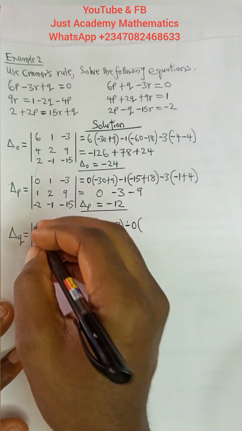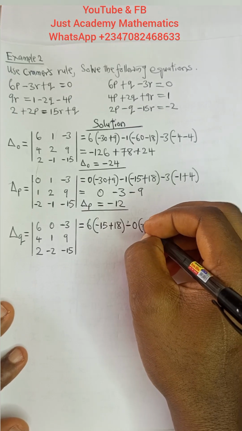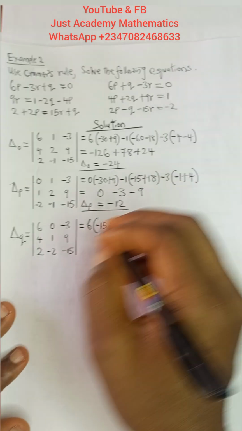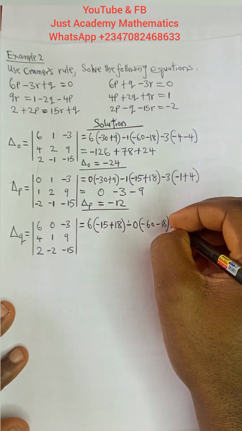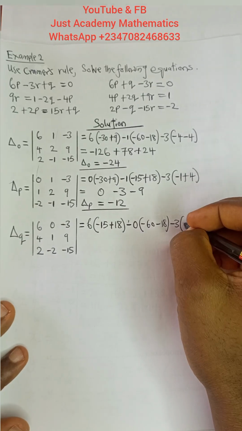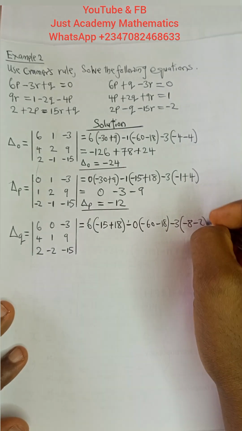Although it's not necessary, let's just show it. So we have minus 4 times 15, minus 60, minus 18. Then plus minus plus. Here will remain minus 3 times, out, minus 8, then minus 2.